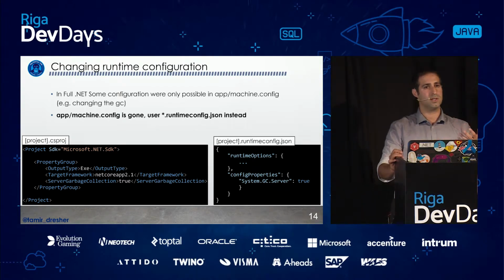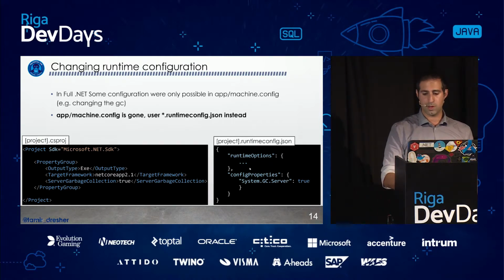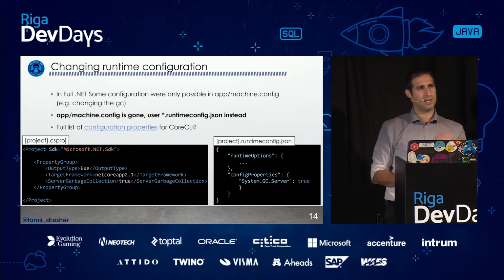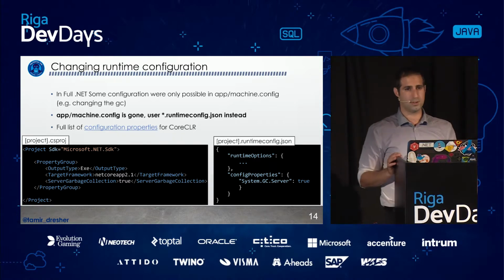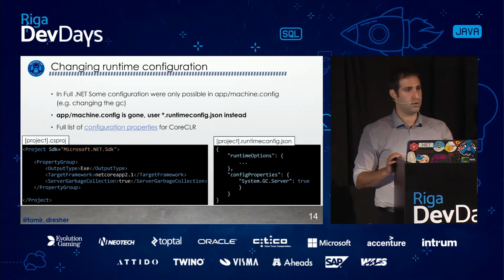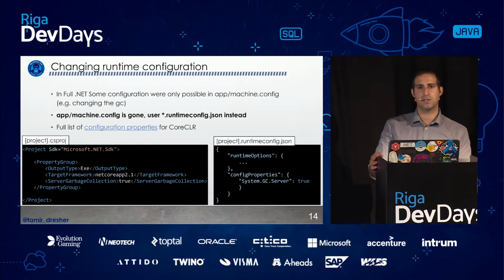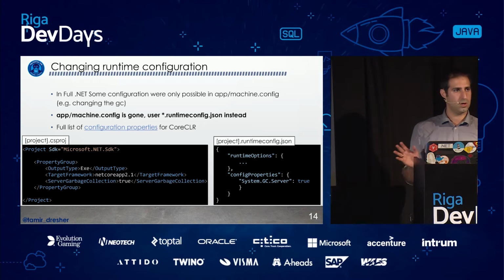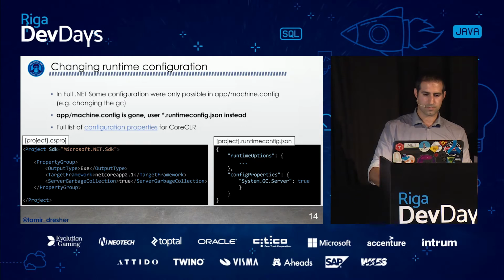Now when the .NET runtime is executed, it reads this runtime config, and for every config property that it sees inside, it will do the necessary configuration. You can go into GitHub, and there's a full list of all those configuration properties that you can use to control the CoreCLR. Many of them are not documented, but I guess that over time we will see more and more. But if you need something that you used to put inside the app.config and you don't know where to put it now, this is the place: the runtimeconfig.json file.